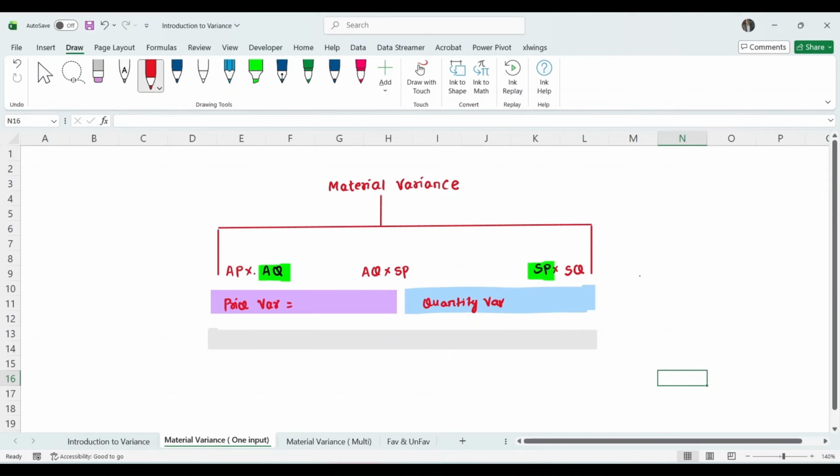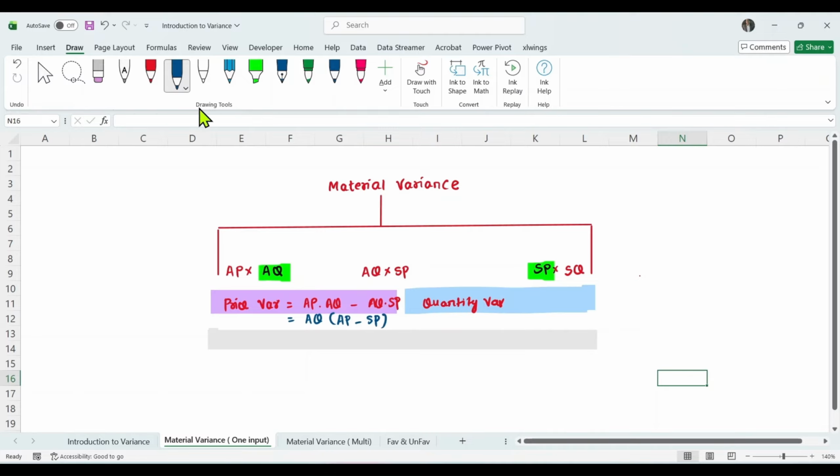Now see the formula: AP times AQ minus AQ times SP. Let's write it down here. AQ is common to both, so we'll take AQ common, and the formula becomes AQ times AP minus SP. Done.